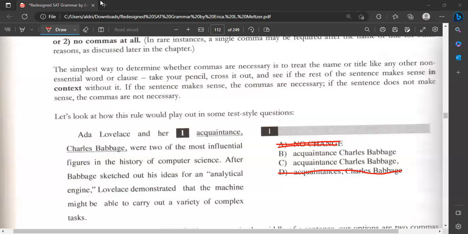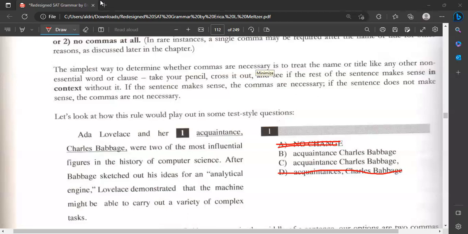So it's like you're ending it, you're making that pause there. That comma is showing that this person's only acquaintance is actually Charles Babbage. But when there's no comma, it means Ada Lovelace could have had many acquaintances. But right now, we're just looking at one specific acquaintance who happens to be Charles Babbage. I want you guys to think of that and then look at B and C and tell me if you get what I'm trying to say.